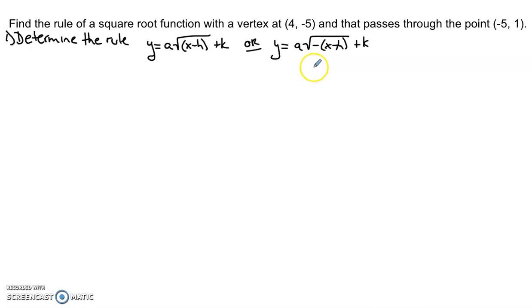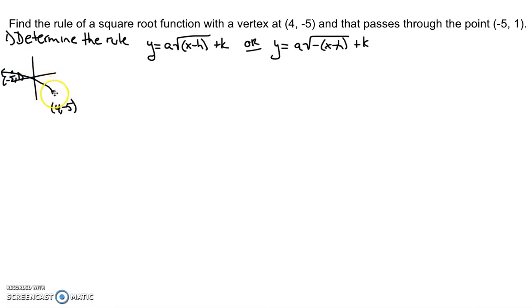So to determine that, let's take a quick look at a sketch of this function. If we start at the point (4, -5), we know that this is the vertex. The function also passes through the point (-5, 1). So we know that it starts here and it's going up this direction.